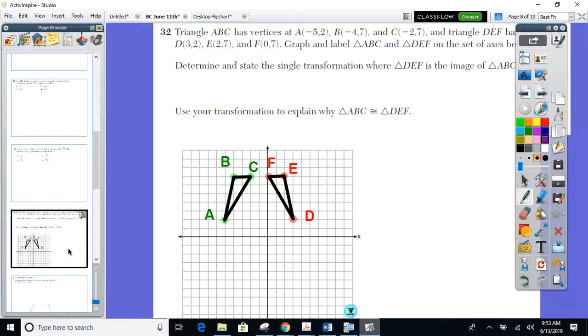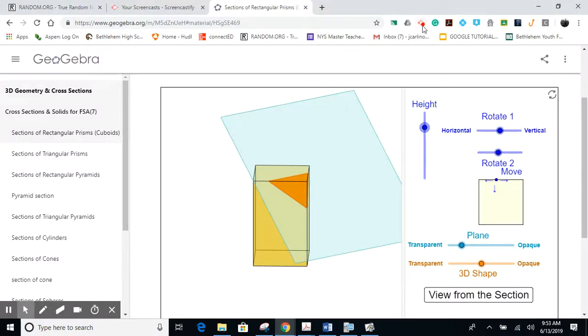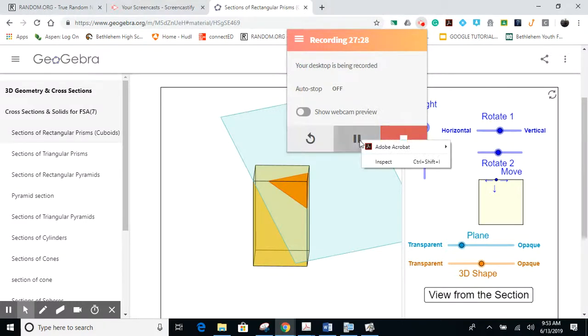Go ahead, graph both triangles right now. Number 32 on the June exam you got as you came in the room today. Let's graph them. Everything. Now, hey, this is one I can talk about here while you graph it.